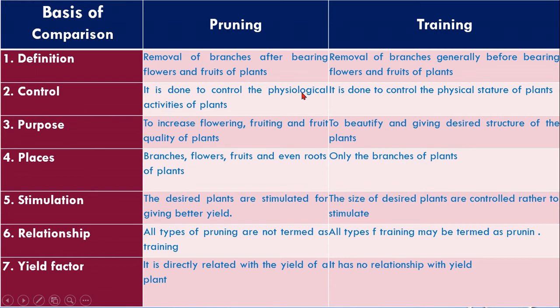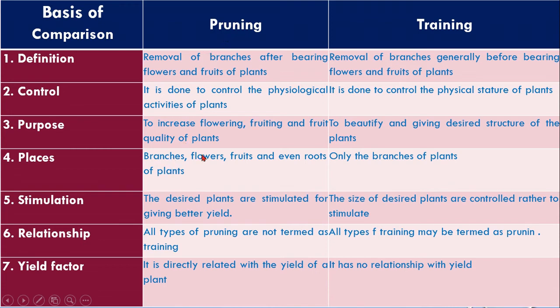It is done to control the physiological activities of plants, to control the physical stature of plants, to increase flowering, fruiting and fruit quality, and to beautify and give the desired structure to the plants.